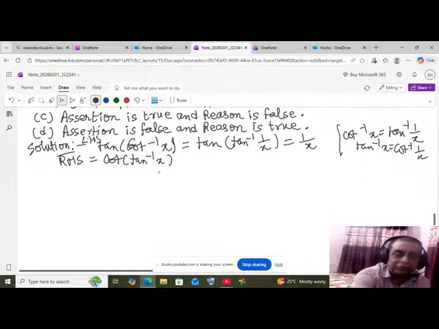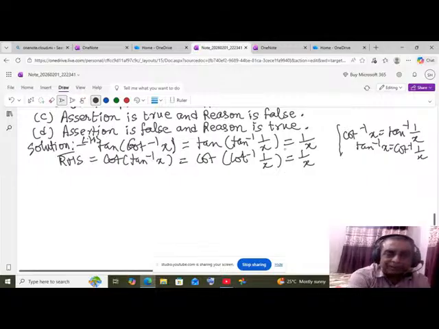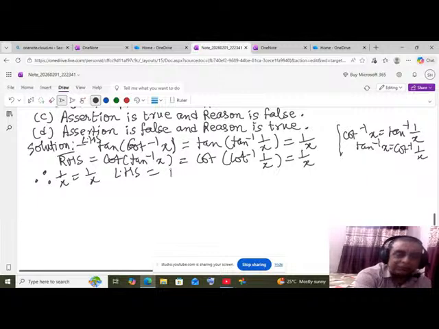So in place of tan inverse x, we can write cot inverse 1 upon x. So cot inverse 1 upon x value is 1 upon x. This is true. So 1 upon x is equal to 1 upon x. So LHS is equal to RHS.